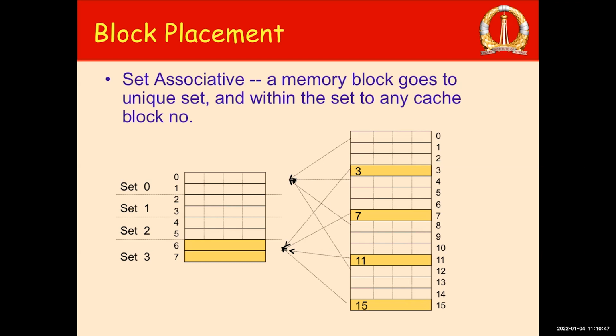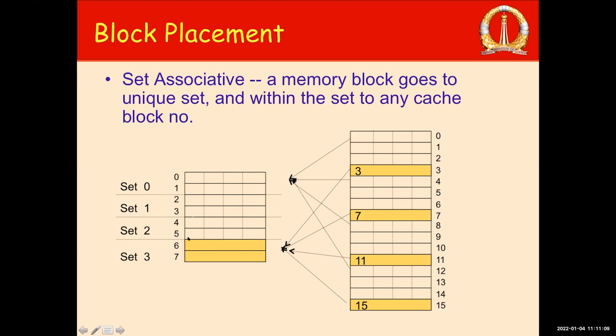In the case of a set associative cache, the cache blocks are divided into a number of sets, each set having k blocks if the cache is a k-way associative cache. For example, in a two-way associative cache, each set would contain 2 blocks.